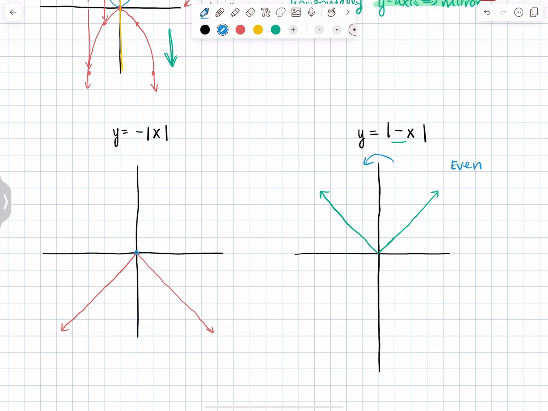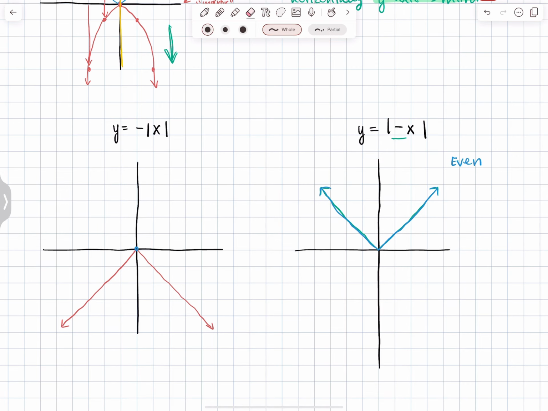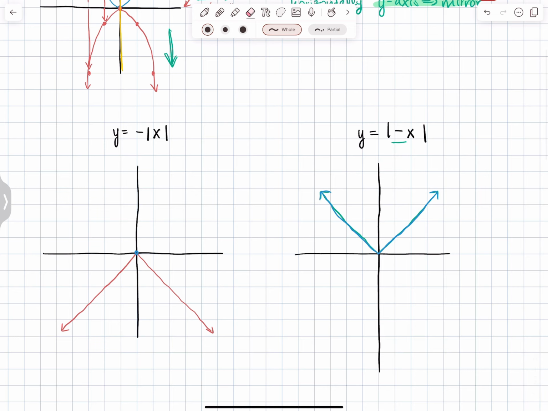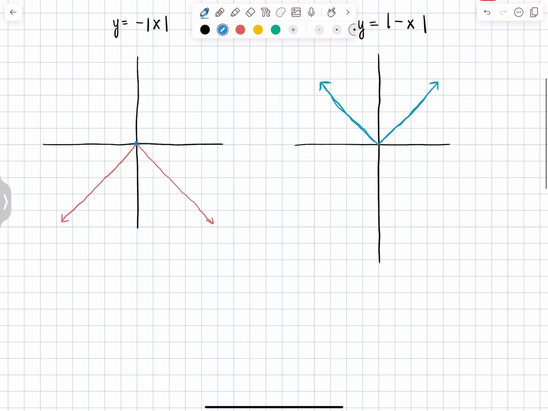You can fold this graph in half this way, and this side would line up perfectly on top of this side. So this function is the same. This is practically the same thing, so this is your final answer.